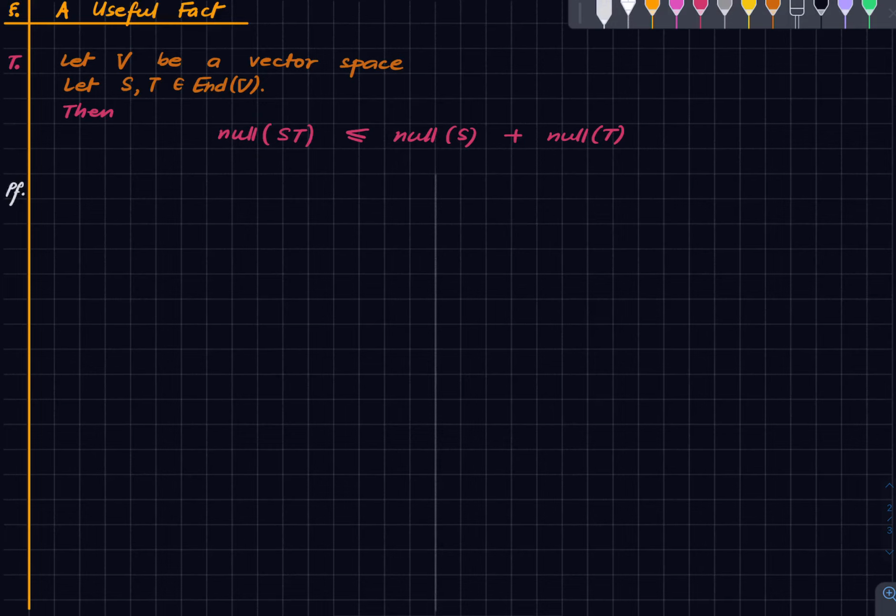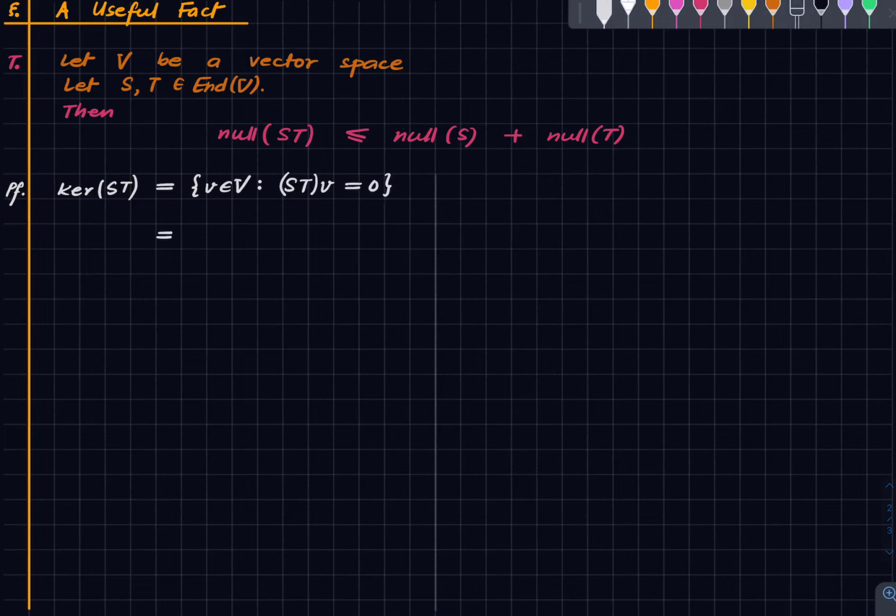First, we will say a little bit about the kernel. So what is the kernel of the composite? This is, by definition, those vectors which die under the application of S and T. Just so that there is no confusion, I'll put brackets. That's what the kernel is.